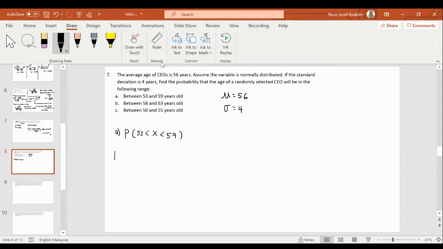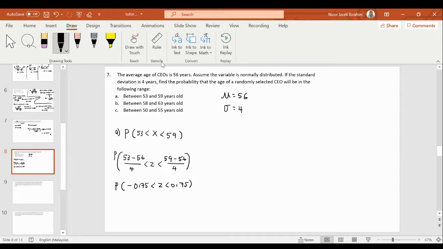So here, first you have to transform x to become z. It will be 53 minus mean 56 divided by standard deviation 4, and 59 minus 56 divided by 4. So this will give us z is in between negative 0.75 and 0.75.